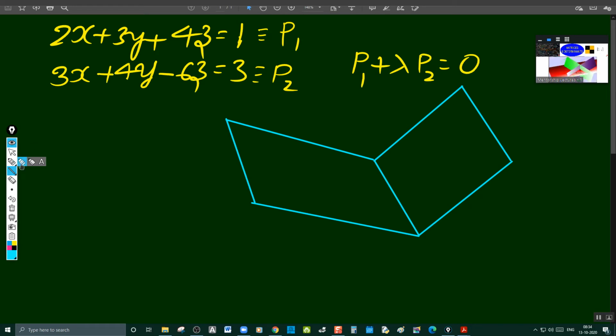Then obviously, how many planes will be there passing through the line of intersection of these two? Infinite. Infinitely many planes will be there.